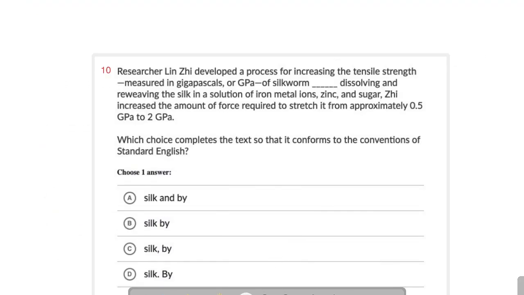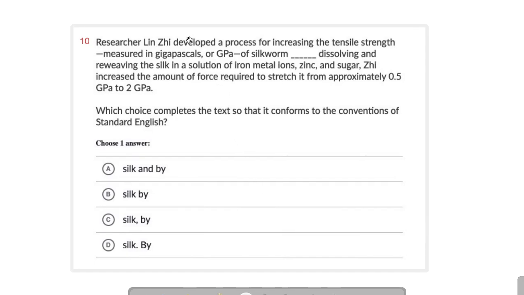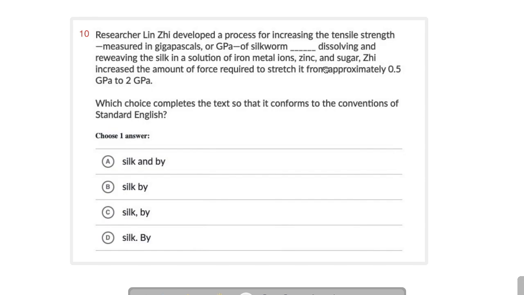And that's the key on these questions, because it would have been very tempting to pick B. Researcher Lynn Z developed a process for increasing the tensile strength of silkworm silk by dissolving, and so it could work to say by silk, but the problem is, as we keep reading, we see that we eventually have another independent clause.